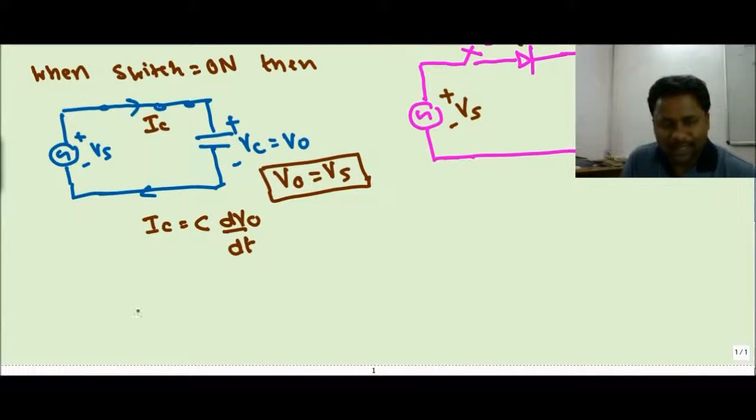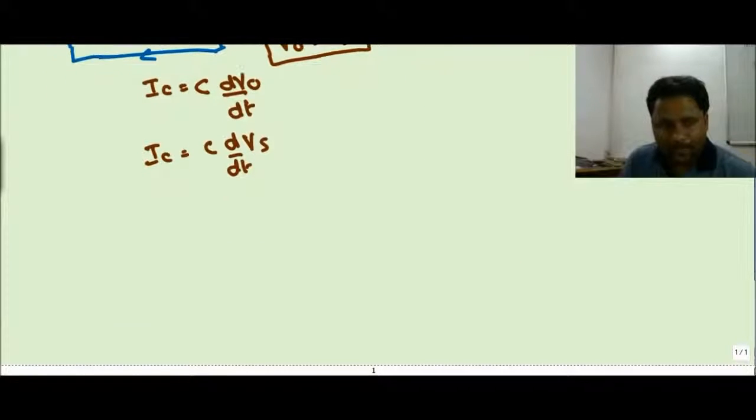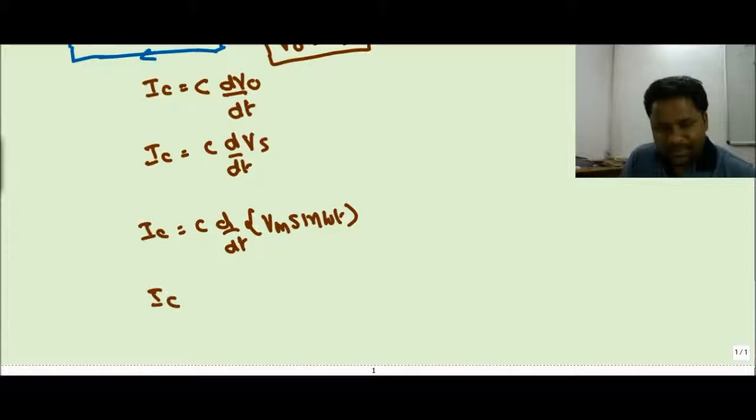And if we are just solving it, IC equals to C d by dt of Vs, IC equals to C d by dt of Vm sin omega t, IC equals to C Vm omega cos omega t.